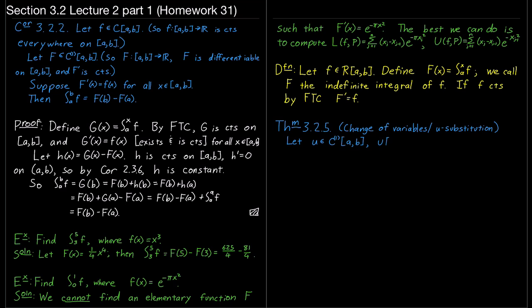And then u of [a,b], that is the image of [a,b] under u, is a subset of I, where I is, let's say, an interval. And by the extreme value theorem, you can insist on I being a bounded interval, but we don't care about that too much.